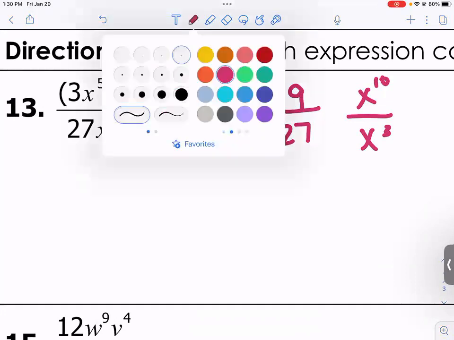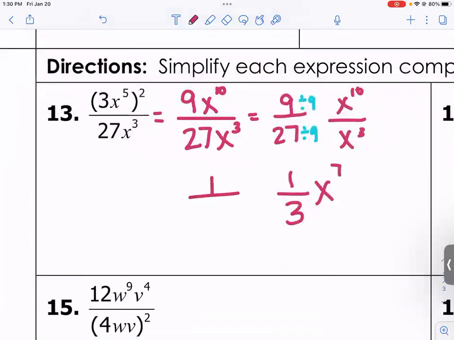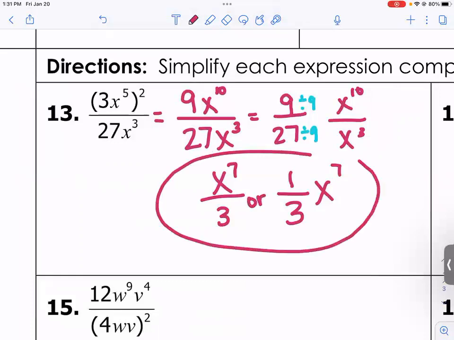Okay, so we can divide each of these by 9 to get 1 over 3 x to the 7th. You could also write this as x to the 7th over 3. Those would mean the same thing.